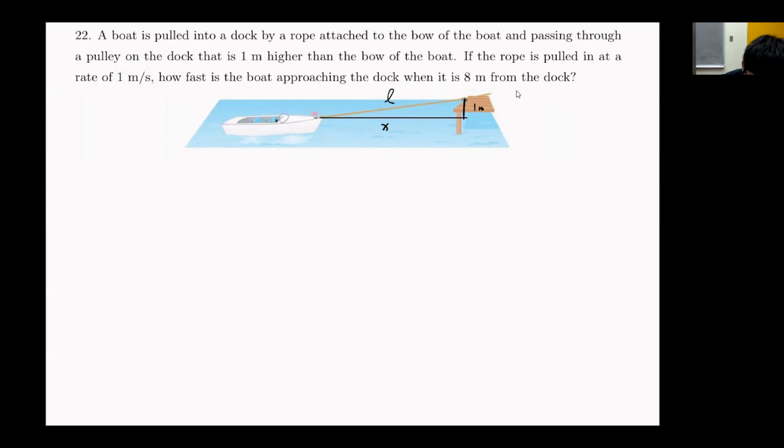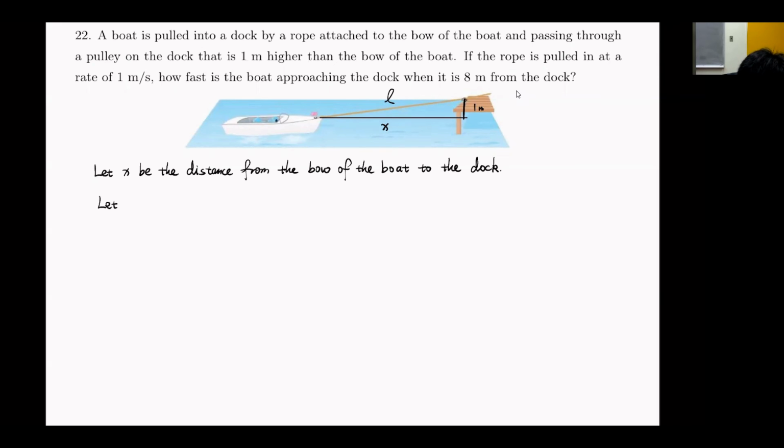And remember, you always need to declare your variables. So let x be the distance from the bow of the boat to the dock.